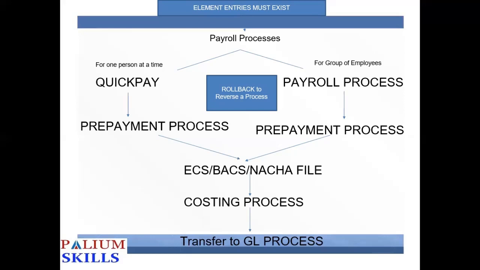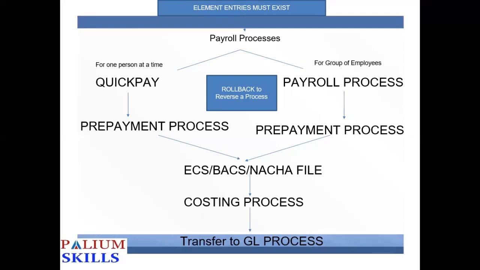Maybe some new employees did not get processed, or there was an error in the formula calculation. Then you can resubmit your payroll process, but first you need to roll it back. Rolling back is like undoing the entire payroll process as if nothing has happened.